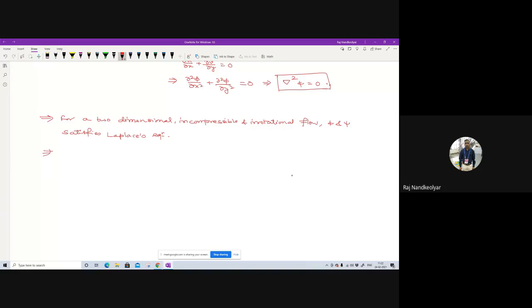That is, whenever phi and psi exist together, they satisfy the Laplace's equation.